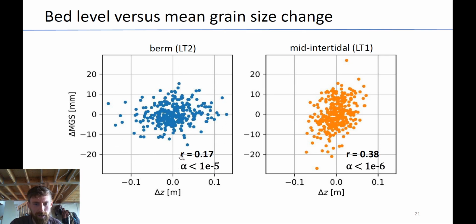I have given a Pearson correlation coefficient with a value of 0.17, and that value is significant, but it's very low. Looking over here at the mid-intertidal transect, we do see a visual signal emerging, and the correlation coefficient is larger. Still not incredibly large, but a signal has clearly emerged here.